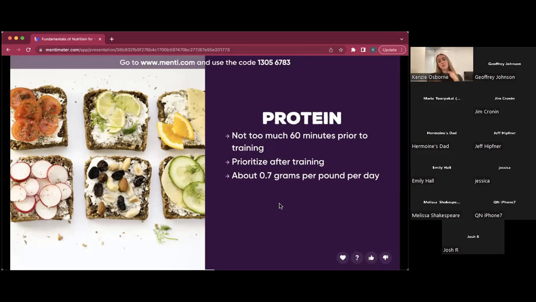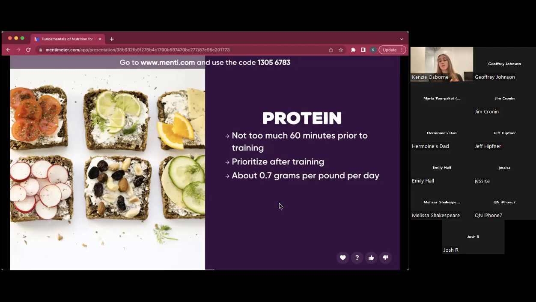So the recommendation for the average person is 0.7 grams per pound per day. For athletes, this can go up to 1.2 grams per pound per day. So we're ranging, again, males will need a little bit more protein. We're ranging from about 0.8 grams to 1.2 for athletes.